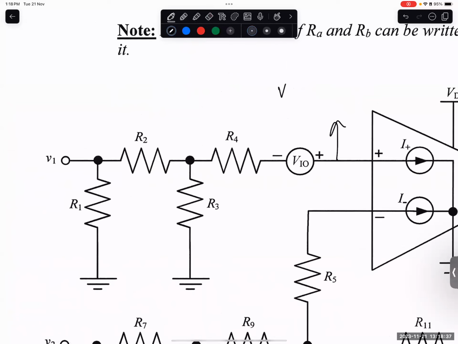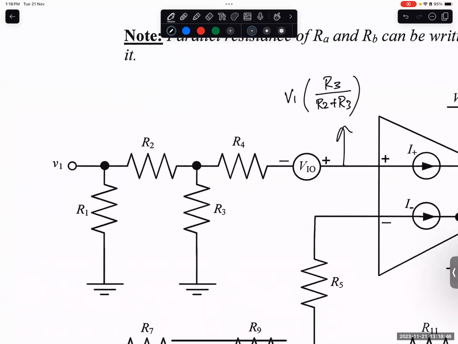Okay, we are doing V1 first. Wait, I wrote it wrongly. Correct, right? Agree? Easy, right?